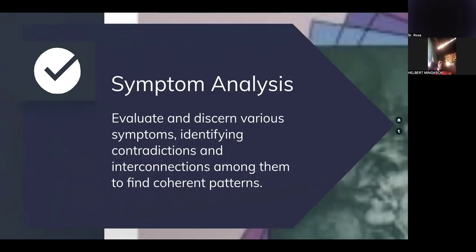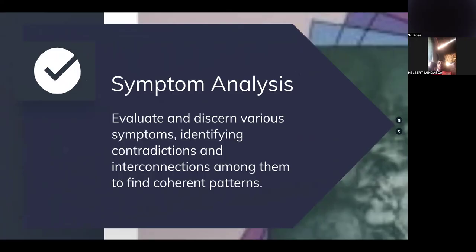Now, this one is the most, shall we say, the final part. You have to evaluate and discern various symptoms, identifying contradictions and interconnections among them to find coherent patterns. So the ability to really find out the pattern, no?